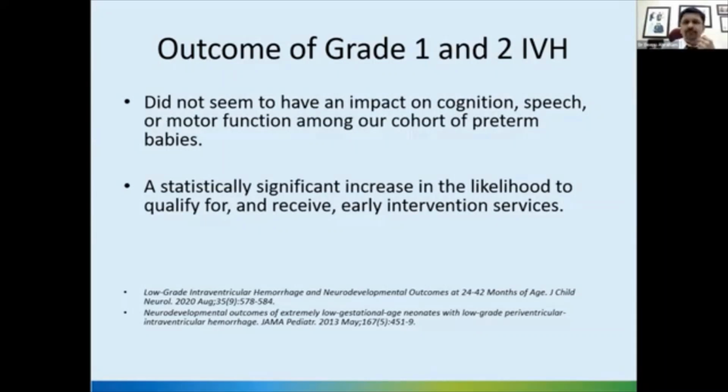So my take while counseling the parents is that in grade 1 and grade 2 hemorrhages, I counsel them that it is very unlikely that it will cause any significant impact on the baby other than the prematurity and the rest of the things. But again, we have to take it case by case, and we closely monitor and refer them to intervention services if there are any concerns. With grade 3 and grade 4 hemorrhages, yes, we can give more definite numbers to parents.